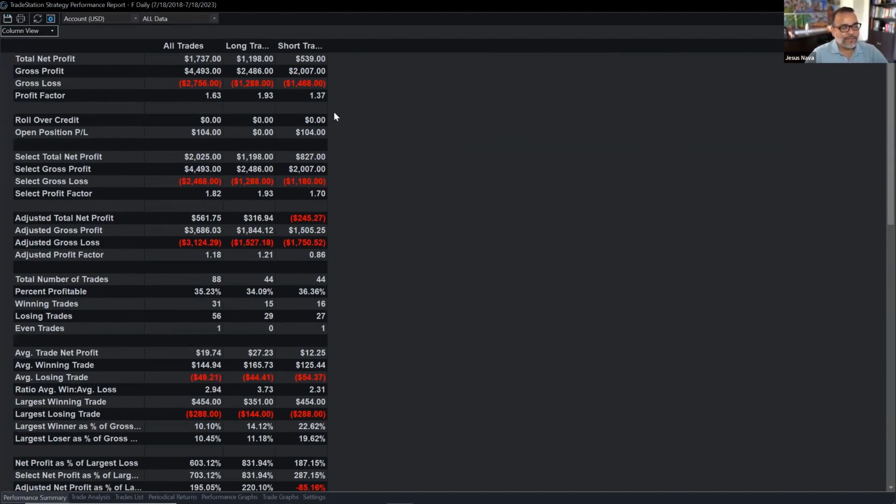So from a general standpoint, this strategy is not crazy bad. It's not crazy good either, but it's a profitable strategy. And I'm not sure about making $1,700 in 5 years. That seems like very little. But again, this is just a sample strategy. We're only trading 100 shares, and this is Ford.